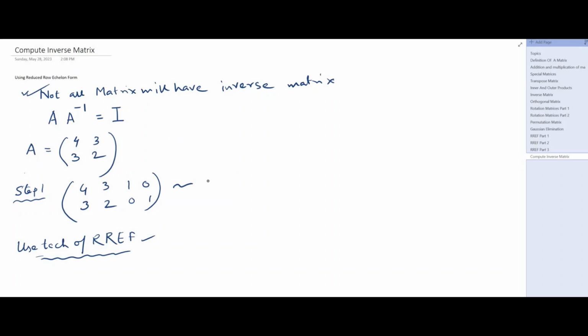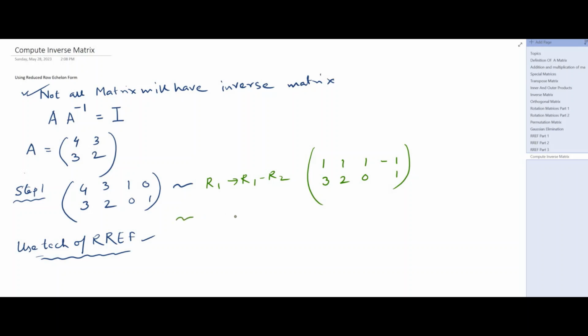The first thing we are doing is building row 1 using row 1 minus row 2. So how will it look then? It will be 1, because 4 minus 3, 3 minus 1, 1 minus 1, and this is still the same.